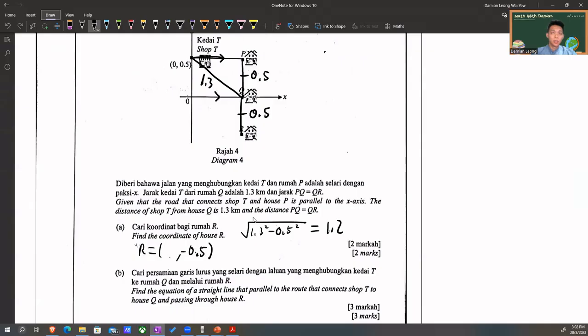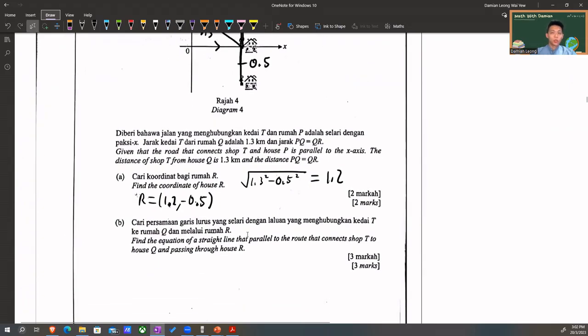So if this distance is 1.2, means the x coordinate is 1.2, and this is straight down, so it's 1.2. Yeah, the x coordinate doesn't change when it's a vertical line.